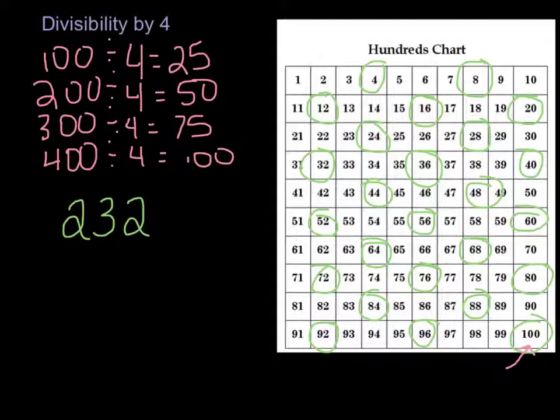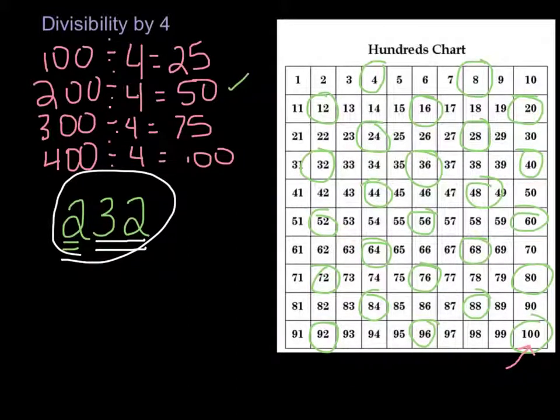We already know that the 200 part of this number is divisible by 4 because we know any multiple of 100 is divisible by 4. So in order to determine the divisibility, we have to look at the last 2 numbers, so the number in the ones place and the number in the tens place. And if that number combined is divisible by 4, then the whole number will be divisible by 4.